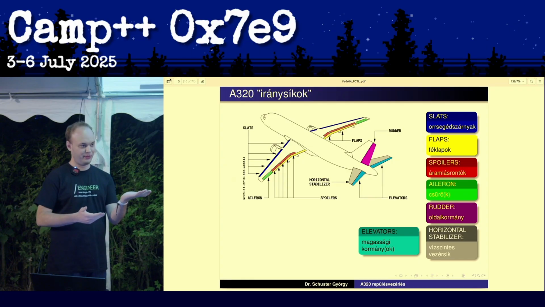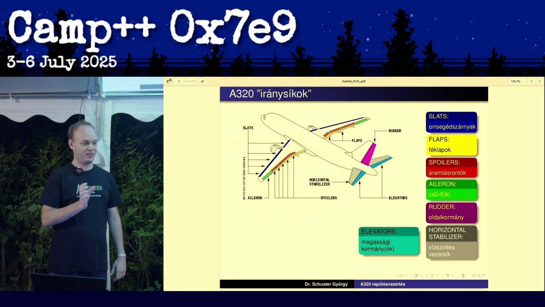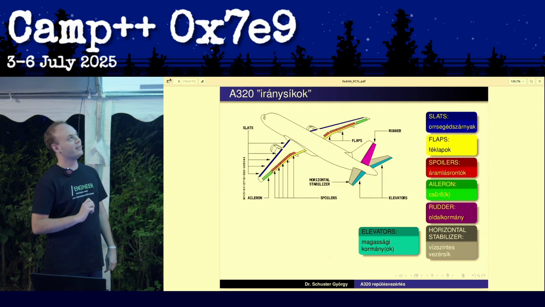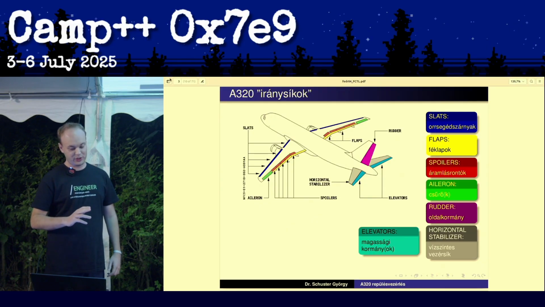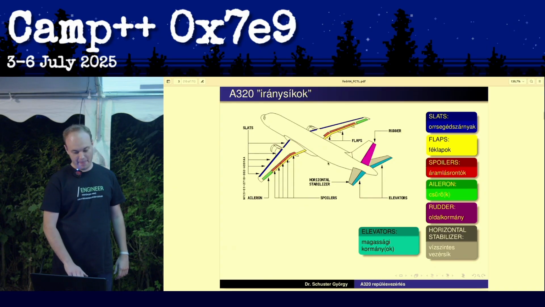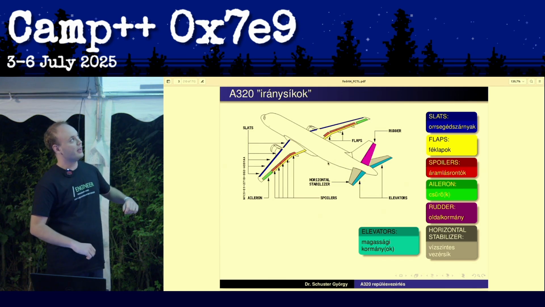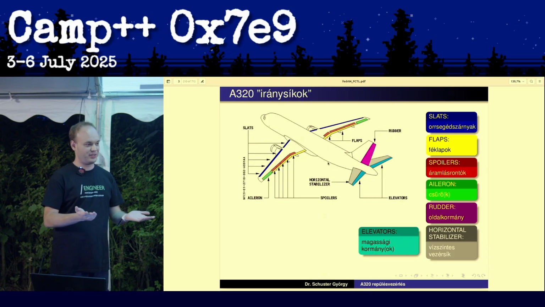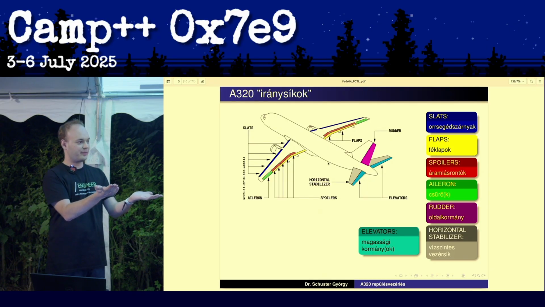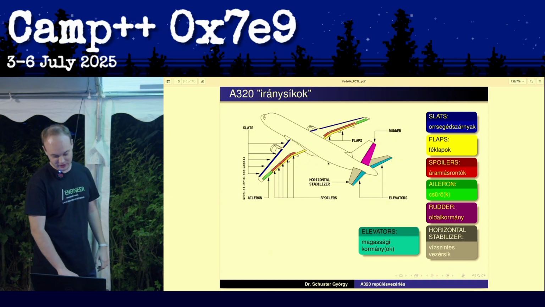But the problem with these alone is that you can't always place them exactly, because the center of gravity of the aircraft is always changing a little bit. So it is actually placed a little bit further, and so it would naturally want to tip backwards. And there are the horizontal stabilizers that basically balance it out. So it holds a little bit of weight on the back of the hull.